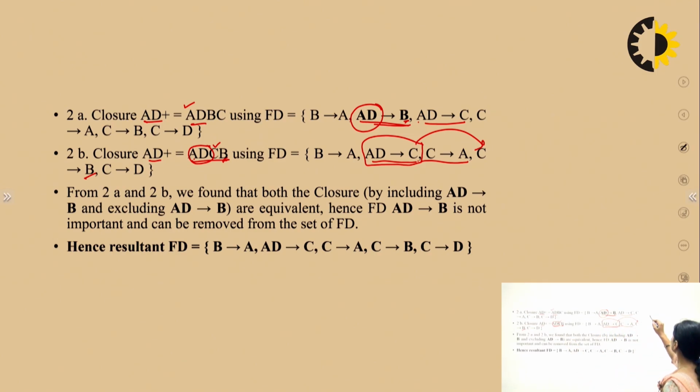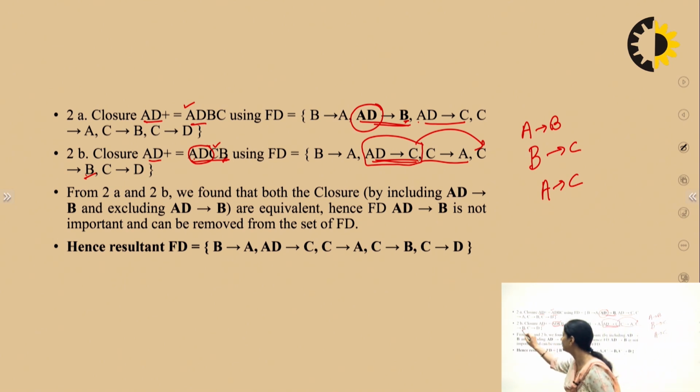Transitive property says, if A is functionally dependent upon B, B is functionally dependent upon C, then by transitivity, A will be functionally dependent upon C. So that is the case over here. AD is dependent upon C, C is dependent upon B, and hence B becomes the closure of AD.